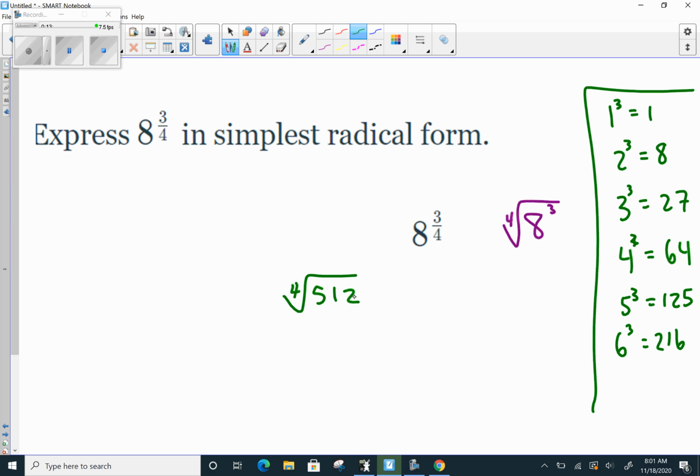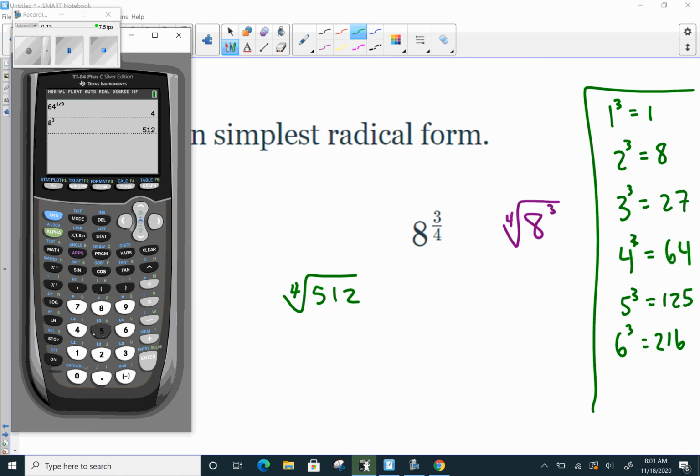The easiest thing to do is to look at these numbers that we wrote on the right hand side, pick the biggest number and see if 512 goes into that. So you just go 512 divided by 216, and we see if it gives us a whole number. Nope.